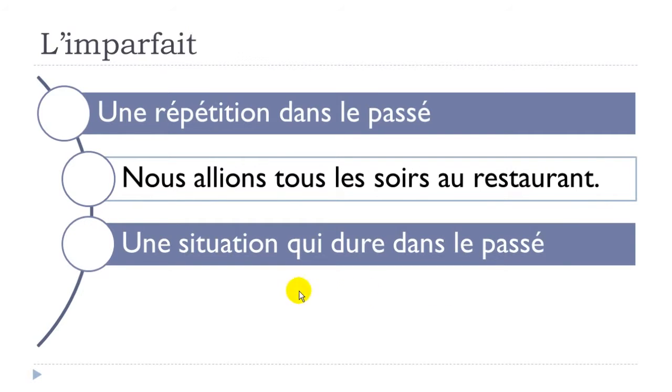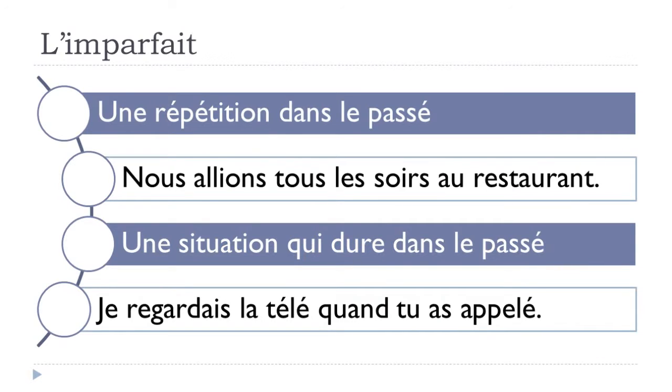And then, if you want to say something that lasts, durer is to last, in the past, dans le passé, this sentence is quite interesting because I wanted to make the difference between the use of the imparfait here, and here you've got the passé composé form. So, je regardais la télé, la télévision.